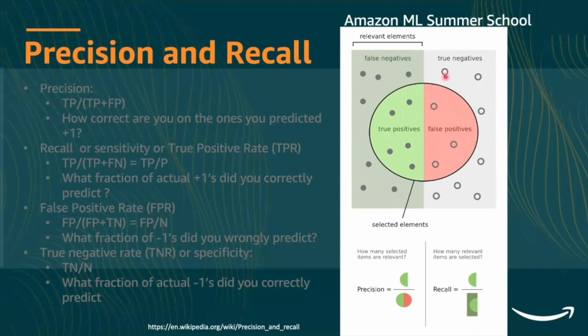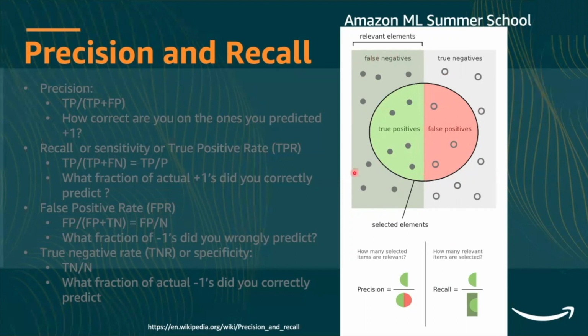Anything inside this green semicircle indicates true positive. That is, whatever the model has predicted as 1, the actual label is also 1. The pink classes are the false positive cases. That is, the model has predicted them to be 1. However, their actual label is 0, and hence these are false positives.